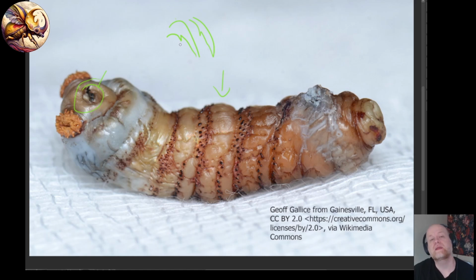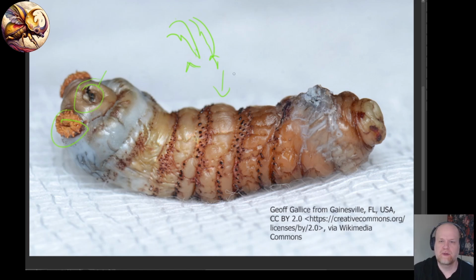Even if they are predaceous, they tend to be liquid feeders or feed on bacteria. So they have these hooked mouthparts that they can move up and down, but they can't move them together. And they can suck up liquid and bacteria that way.